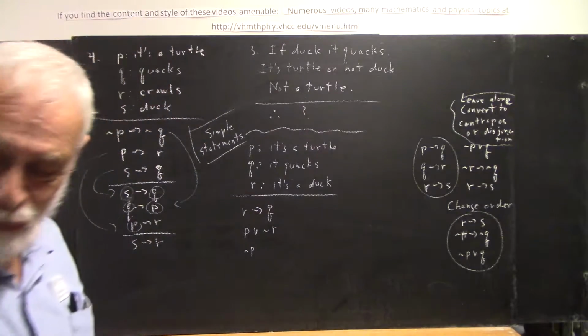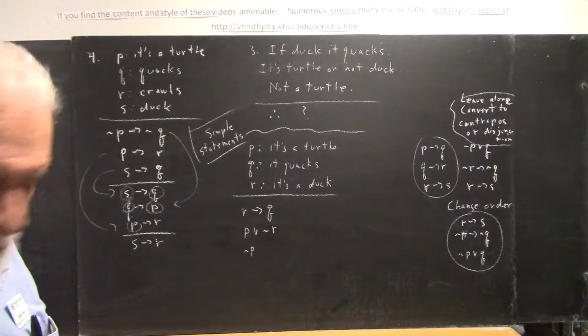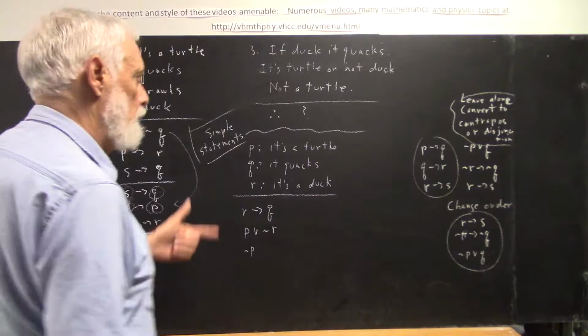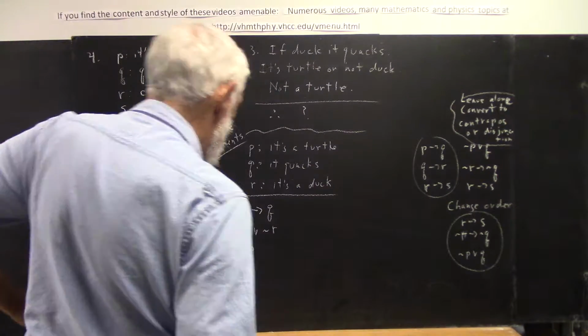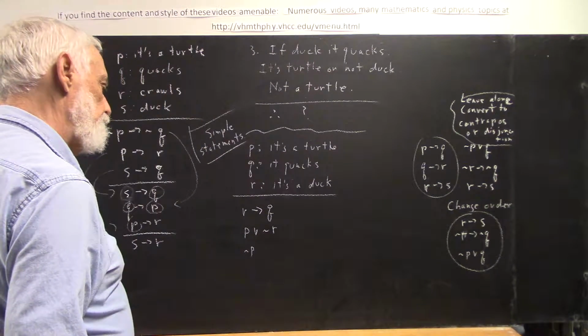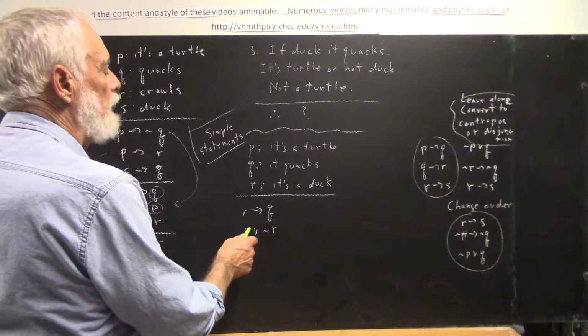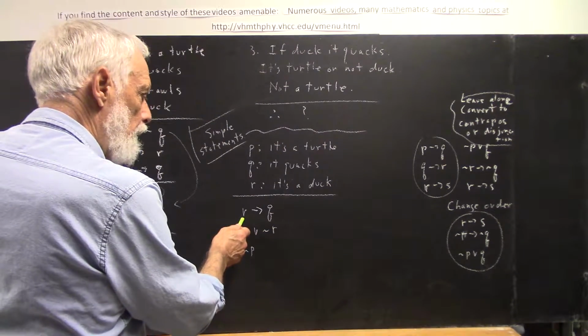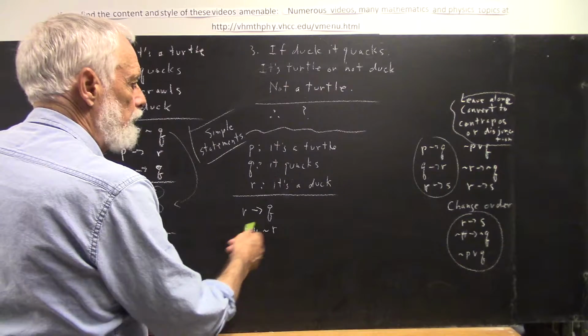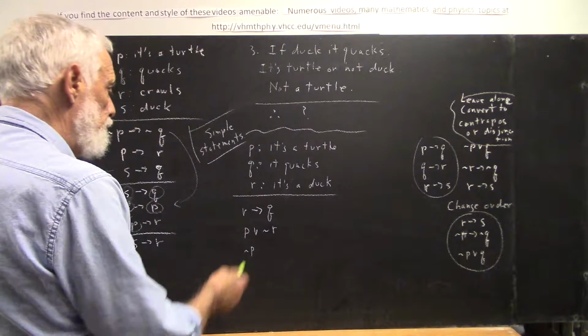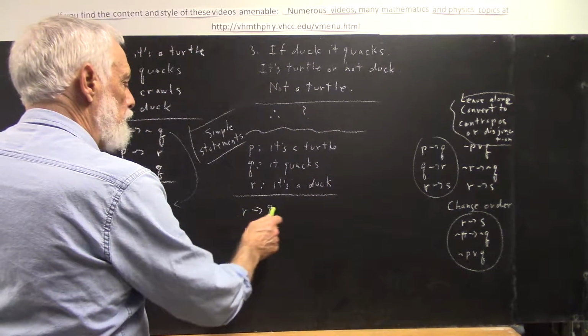Okay, to begin drawing conclusions, we don't have any conditional that ends with R, and we don't have any conditional that ends with not Q. So there's no way we can chain a conditional with this.